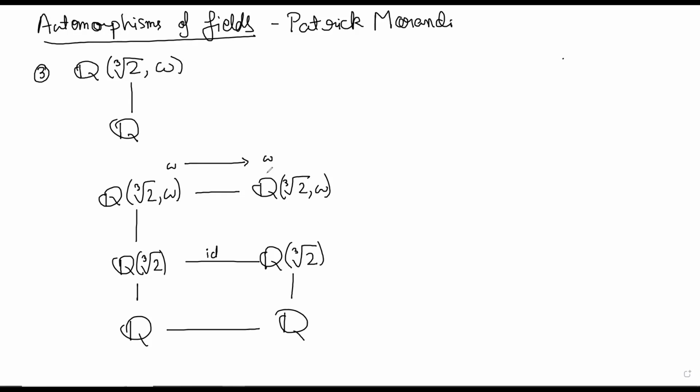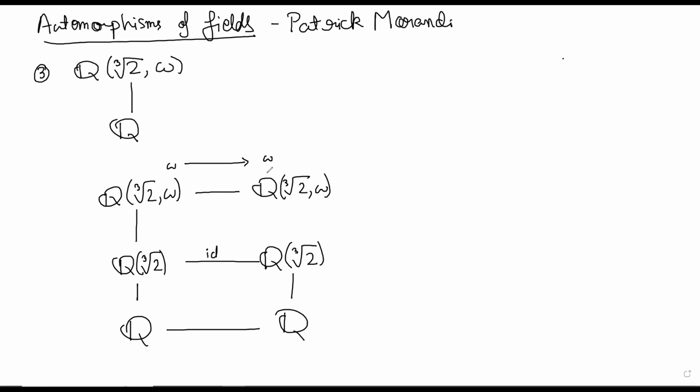Oh yeah, I'm sorry. They have already told us that. But then there is a confusion. Why do they say that these functions extend to distinct automorphisms? These are already fully defined, right?